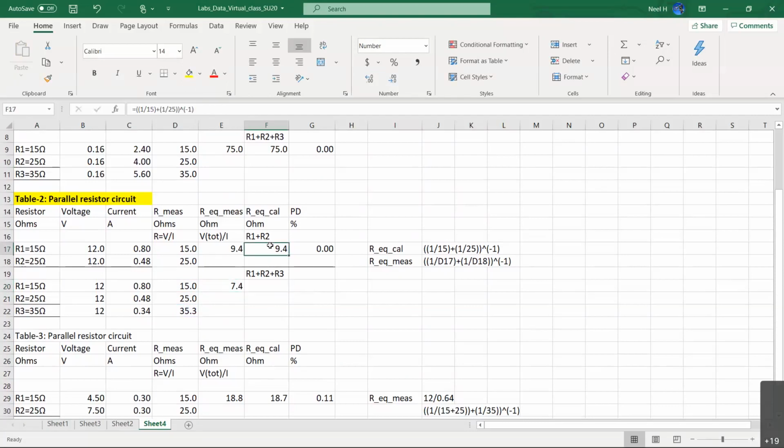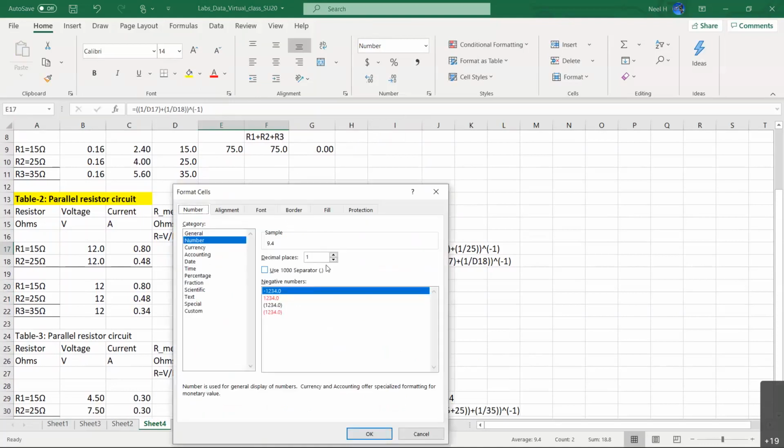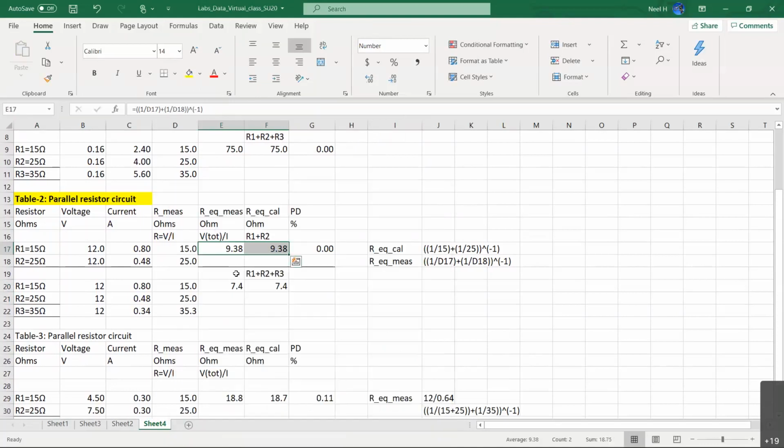And also this one we can do the same way, copy paste this into here, and another new parenthesis plus 1 over 35, right? 1 over 35, close that parenthesis, hit enter button, so I get a new answer. And let's do this with up to 3 significant figures, otherwise you will not see any errors at all, right?